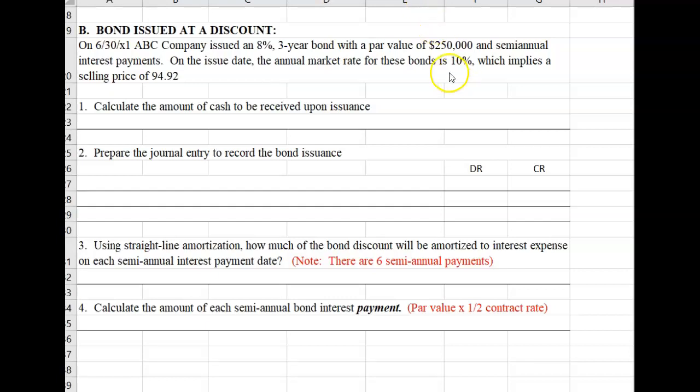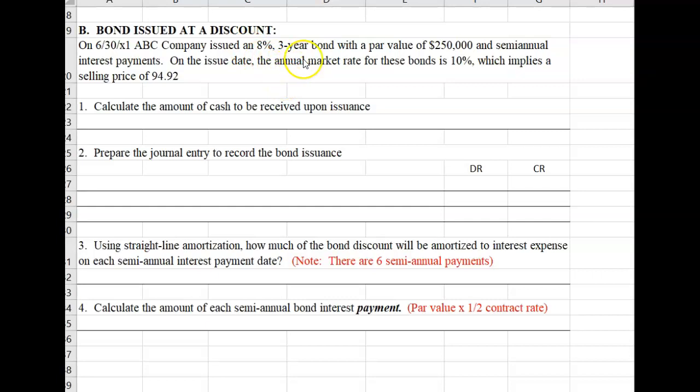First of all, the par value of the bond is $250,000. The bond's annual contract interest rate is 8%. It's a 3-year bond. We're going to be making semi-annual interest payments, which means we will pay the interest twice a year. And there is a difference between the market rate of interest and the contract rate of interest at the bond issue date.